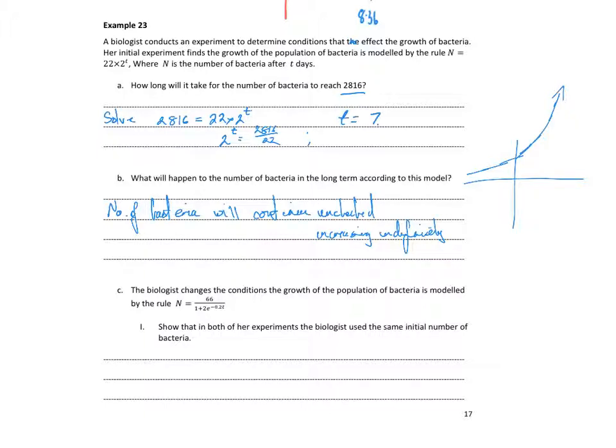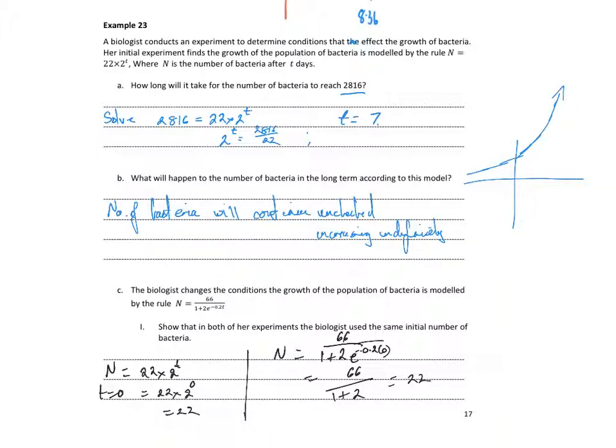Okay, so for the first experiment, N was equal to 22 times 2 to the t. At t equal to 0, it's equal to 22 times 2 to the 0, which is equal to 22. For the second experiment, N is equal to 66 over 1 plus 2e to the negative 0.2 times 0, which is equal to 66 over 1 plus 2, which is equal to 22.